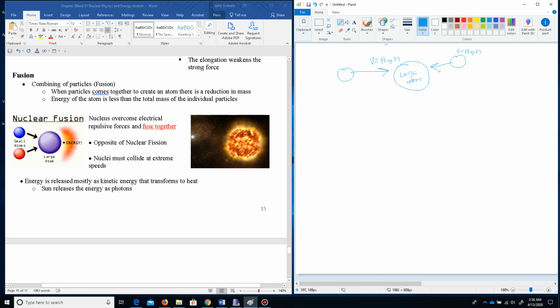And when you have this collision, most of the energy is kinetic energy, and it transforms into heat and releases tons of photons, which is just energy. And we see those photons coming out of the star as light, and it lights up the earth and heats up the earth as it releases that energy.